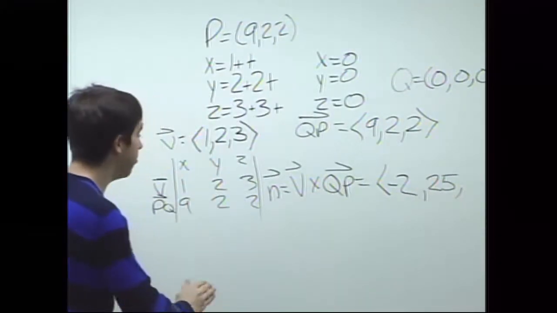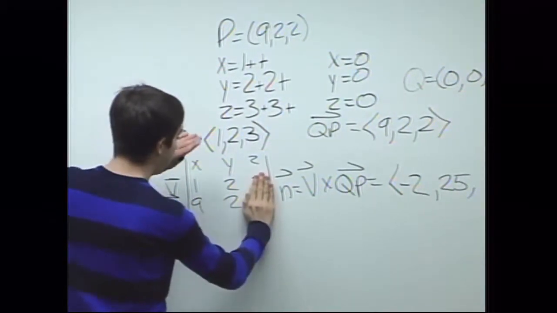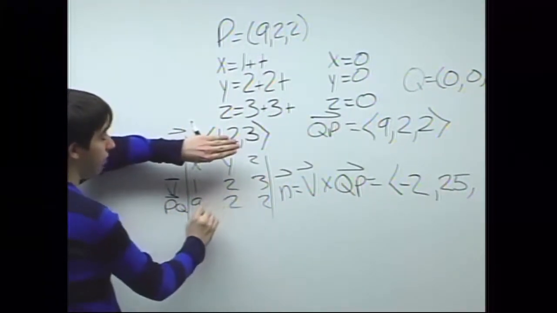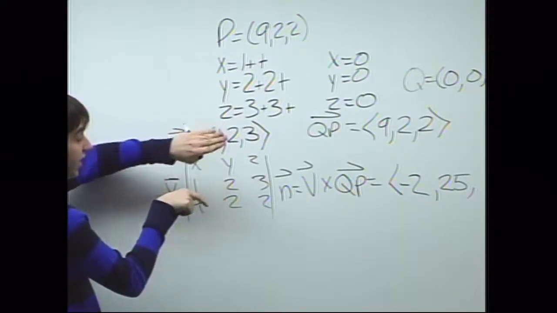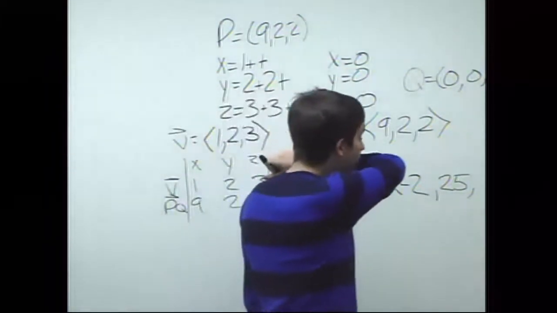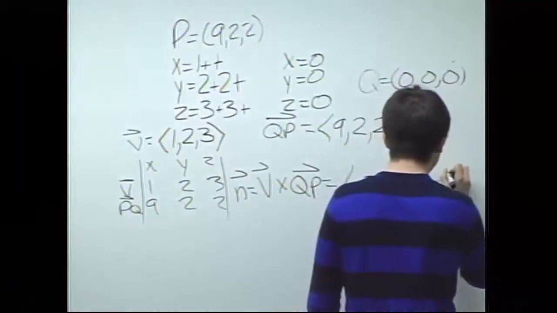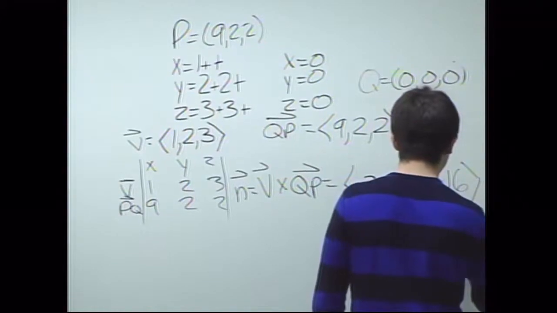And lastly, the z coordinate: 1 times 2 minus 2 times 9, which is -16. There we go.